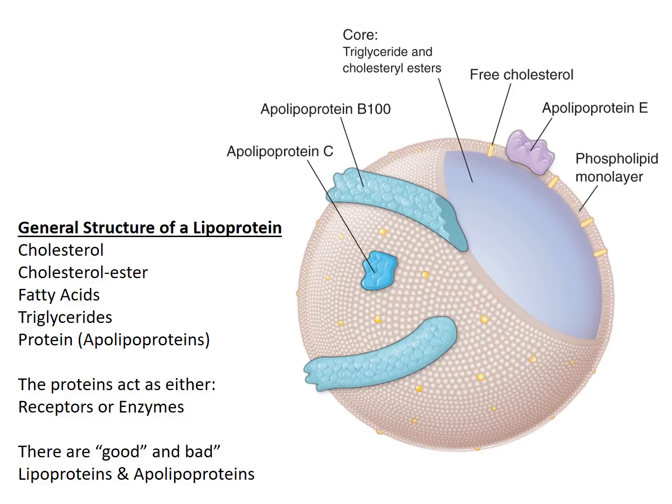When I say good, they're doing some other necessary function in the human body other than contributing to a plaquing process. Okay, so I have a general feel of what a lipoprotein looks like and what the different structures within the lipoprotein itself are. And then remember, we're going to categorize these things as being HDLs versus LDLs, etc.